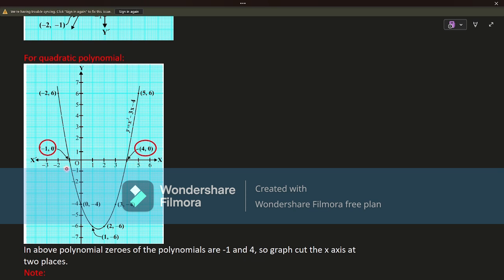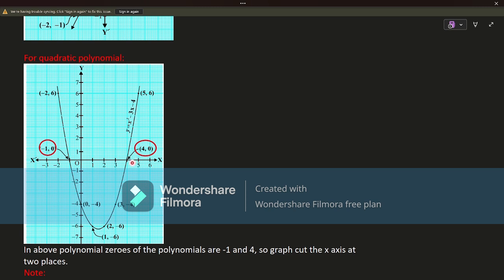So minus 1 and 4 are the zeros of the polynomial. If you want to check, please solve this expression. You will find that it has two zeros, one at minus 1, the second at 4. Why is the y coordinate 0 here, and here also 0? Because these 2 points lie on the x-axis.